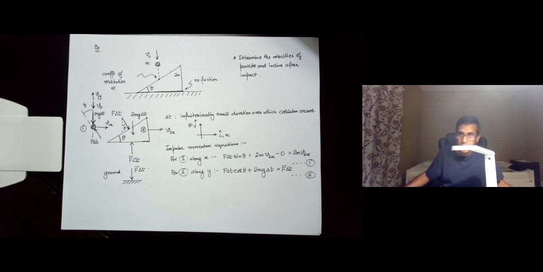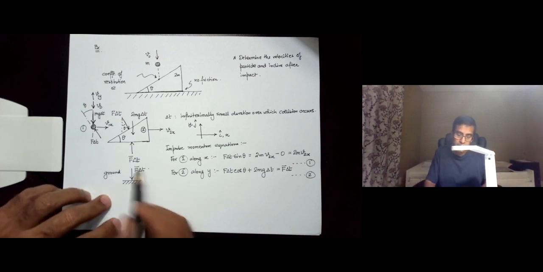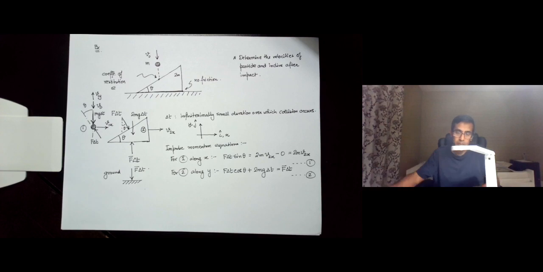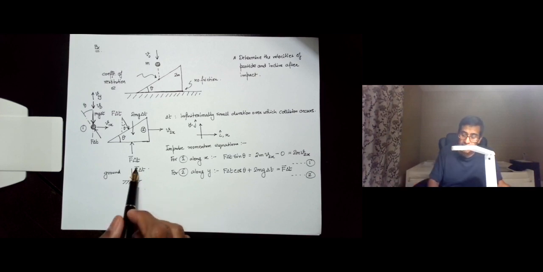So how do we write F bar delta t equals some change in momentum? That is not possible because the ground has infinite inertia. So then it begs the question: does it mean that F bar delta t is equal to 0?